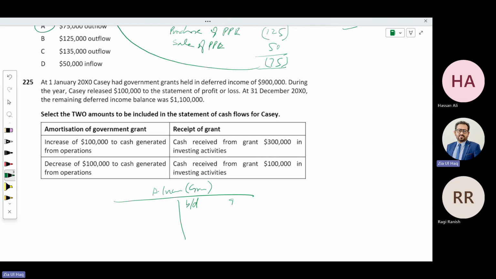Liability. So 900,000 is the opening balance. During the year, they released 100,000 to the statement of profit or loss, that is called government grant amortization. So in P&L they credit 100,000. At 31st December 20X0, the remaining deferred income balance is 1,100.